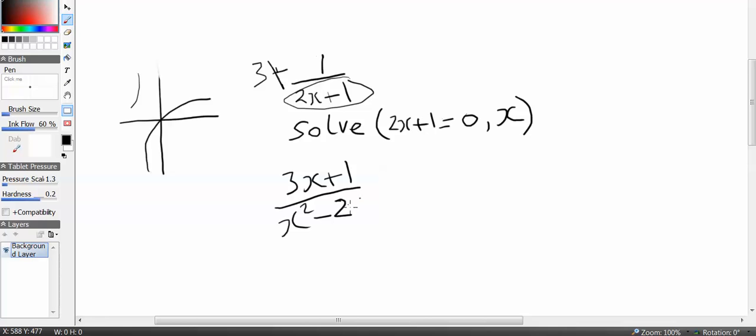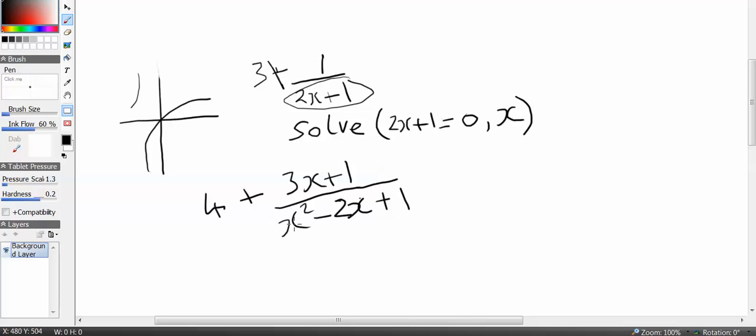There might even be stuff over here as well, it might look like a complex thing like this. But if this denominator goes to 0, the whole thing will be infinite. So you just try and find the denominator, and find the value of x that makes the denominator 0, and that's where the vertical asymptote would be.